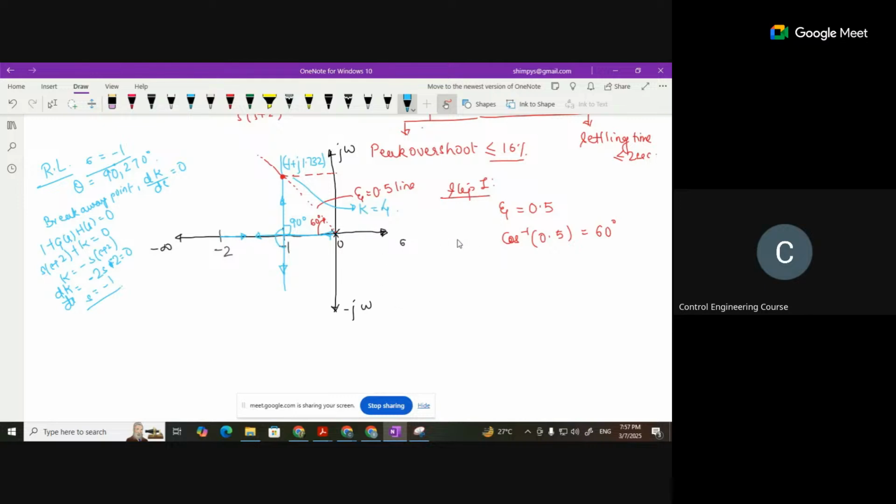So the roots which are here, our dominant roots we can say, or dominant poles at s equals -1 plus j 1.732, for K equals 4, will give us a peak overshoot of 16%. But what is the settling time? Can you calculate that? The settling time should be less than or equal to 2 seconds. Can you calculate the settling time here, please?